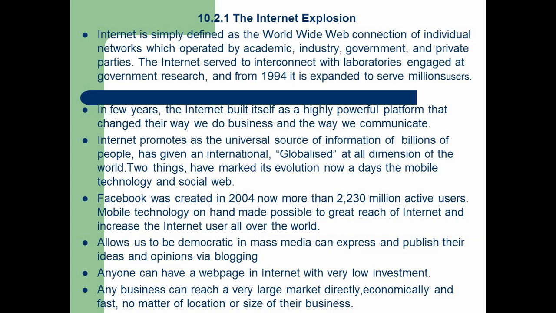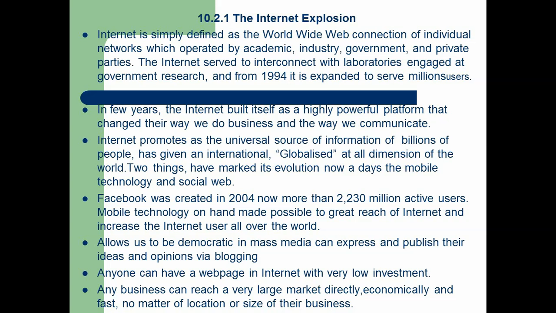Next one, web pages on the internet have very low investment. So anyone can create web pages, and business people of any size, from large to small, can use these web pages for developing their company and business, and they can invest directly and economically and get a faster and better position because of the internet.